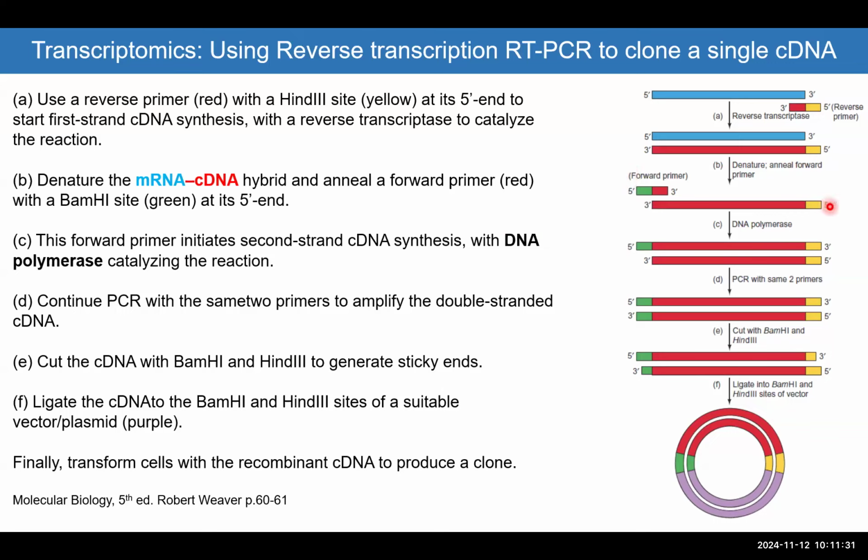And therefore, when you generate your first hybrid strand, and then you make the second strand, and you end up having this complementary double-stranded DNA, you can simply cut it with HindIII and BamHI, and then you can ligate it to a vector.